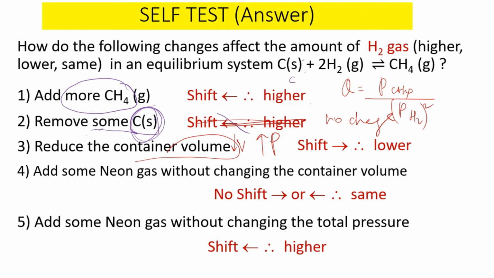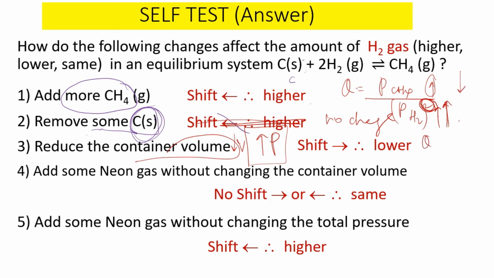If we reduce the volume, everything will have an increase in pressure, but this one has more increase. This one will increase a little bit, this one will increase more because of the coefficient squared, so it will increase double. If you increase one time, this one will increase twice. So the Q will be smaller.